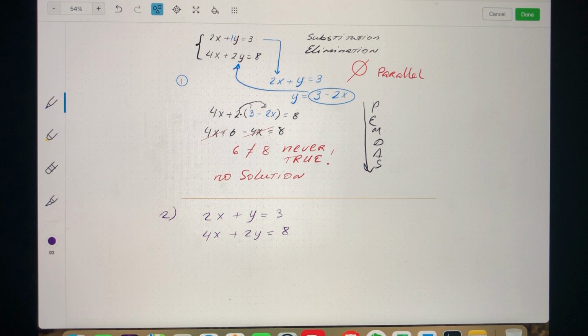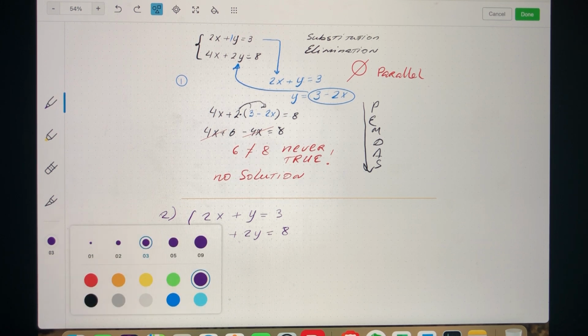To do this, we see that the numbers in front of x are 2 and 4, and the smallest common multiple between 2 and 4 would be 4.